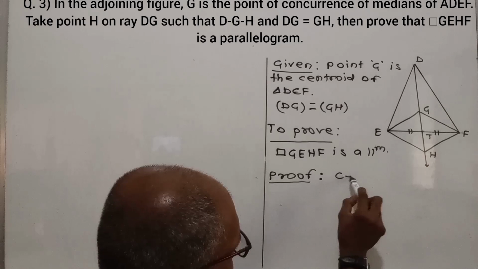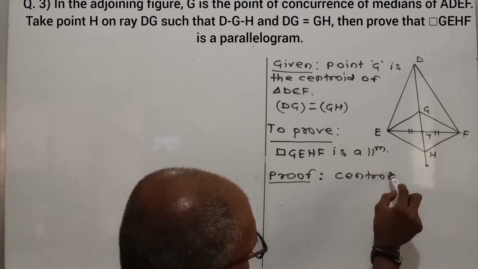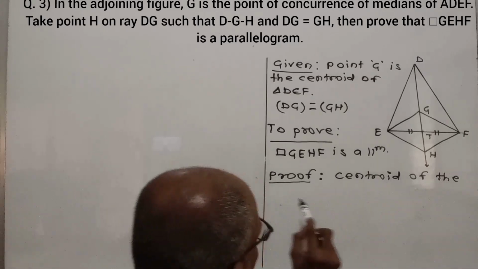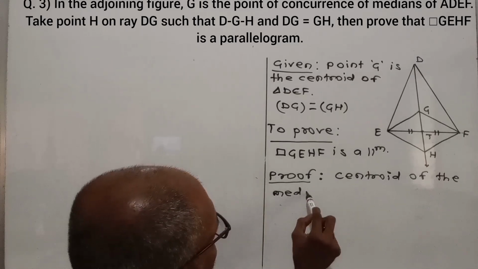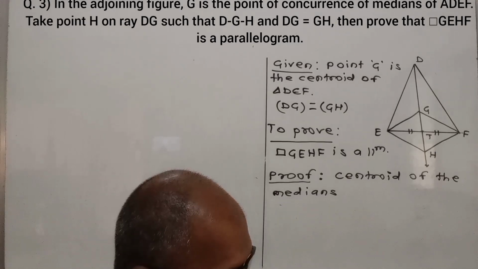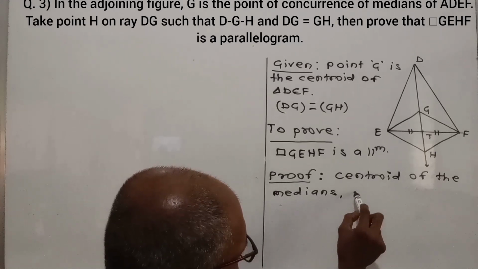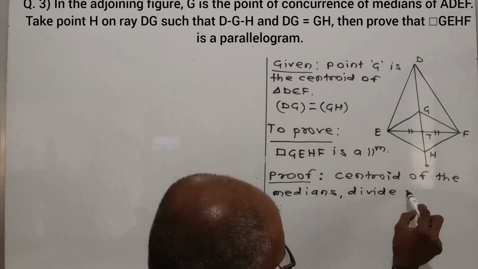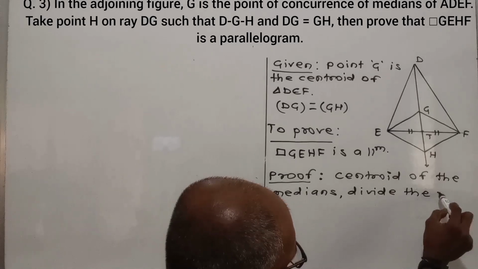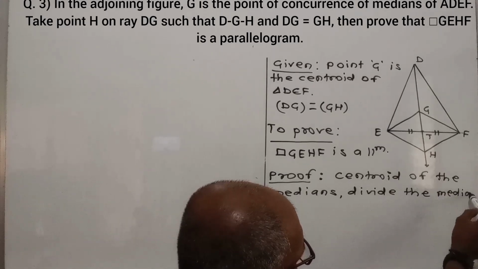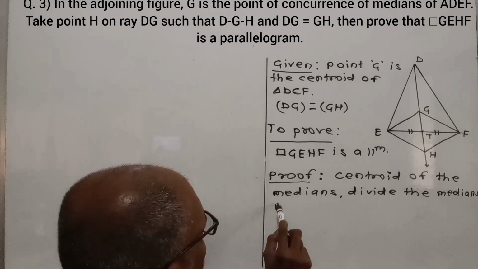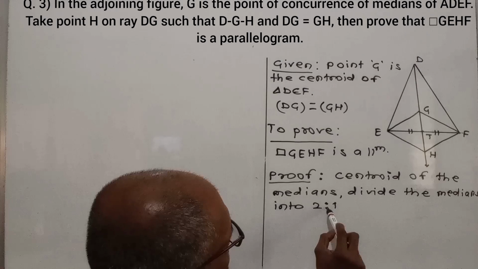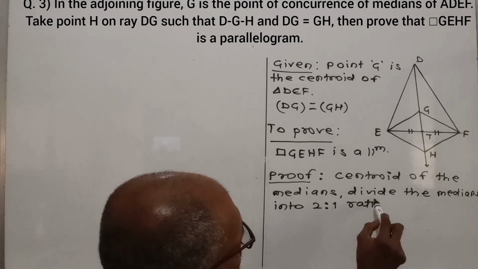Now, centroid of the medians divides the medians into 2:1 ratio.